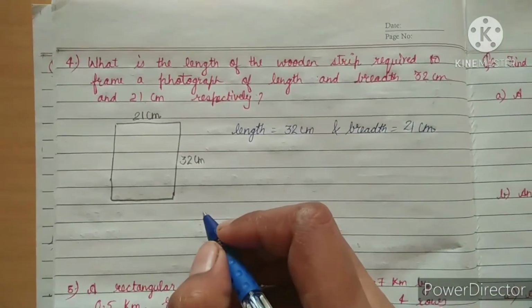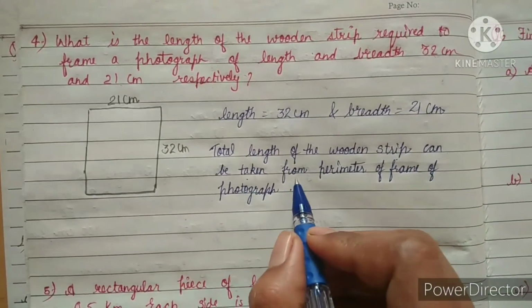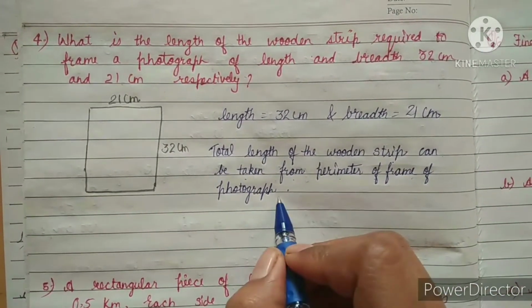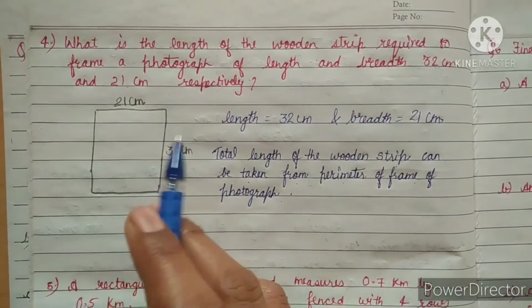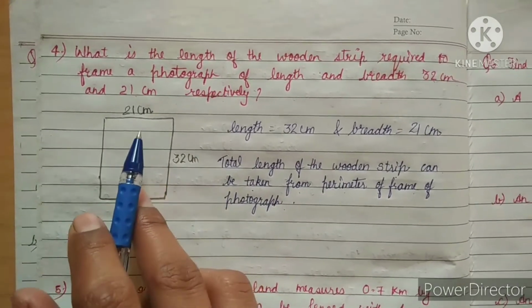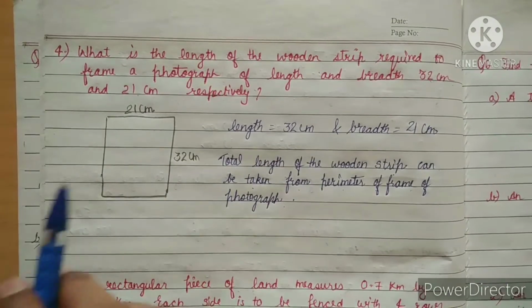So the total length of the wooden strip can be taken from the perimeter of the frame of the photograph. We want to take the total length, how much wooden strip is required. For taking the total length, what will we take out? We will take out the perimeter of the frame of the photograph.